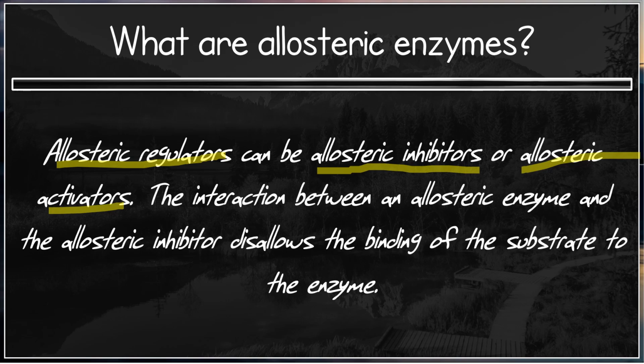The interaction between an allosteric enzyme and allosteric inhibitors disallows the binding of the substrate to the enzyme.